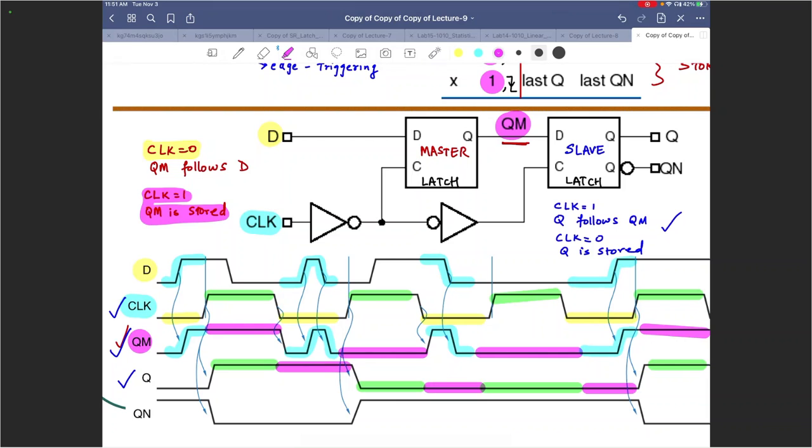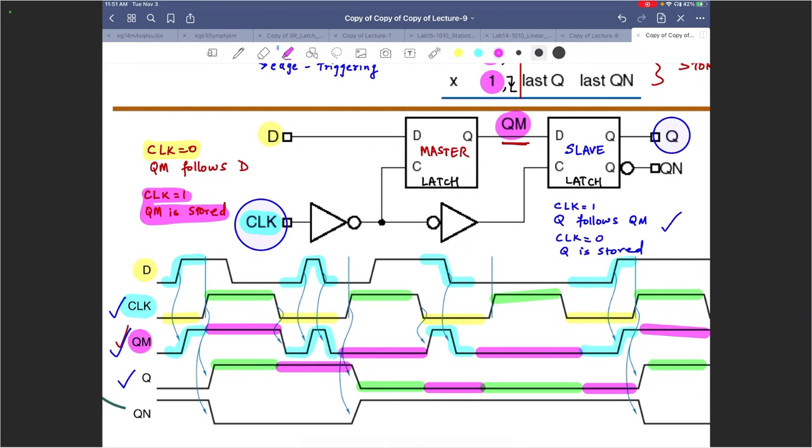Now once we analyze each latch, try to zoom out of this and answer this question. When is Q changing with respect to clock? What is the relationship between change in Q and clock? You see this?